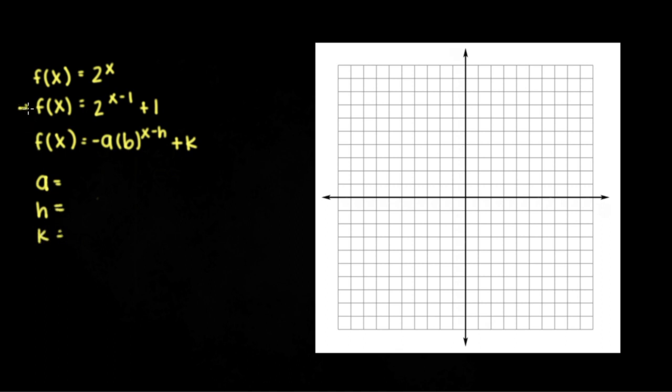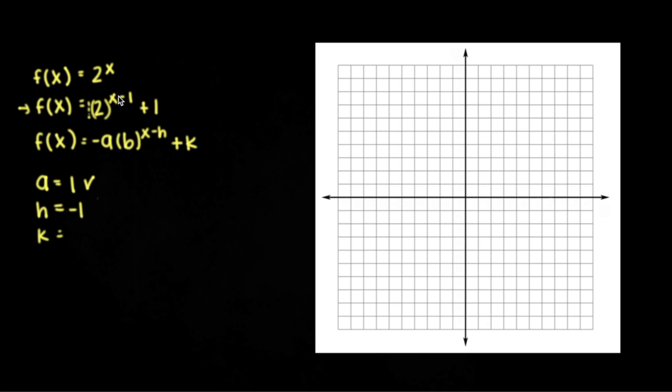So looking at this equation right here, we see we have an a value of 1. We have that invisible 1 right in front of our 2. And our parent function already has an a value of 1, so we don't have to change our graph according to our a. Now we can see that our h is negative 1.